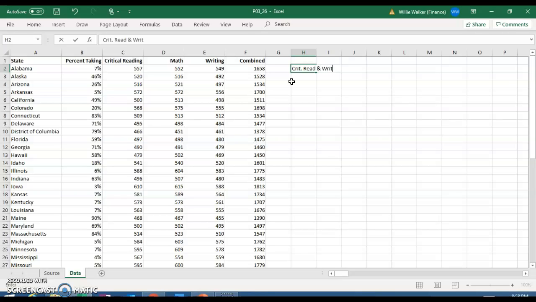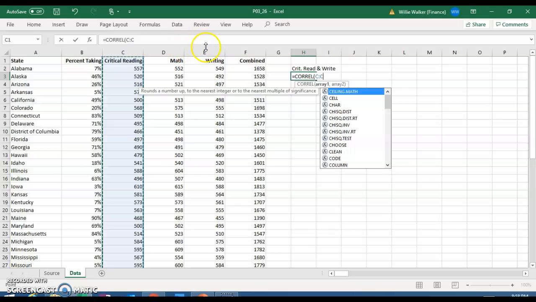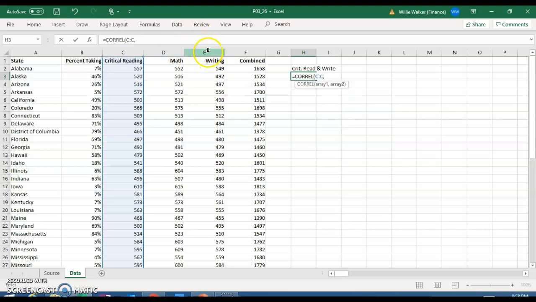Really just abbreviating all this. So we can do the correlation formula, critical reading, comma, writing, close parenthesis. It's going to be upward sloping because our correlation coefficient is positive. It's really positive, so it's almost straight up.